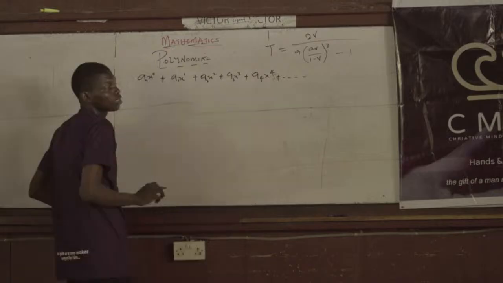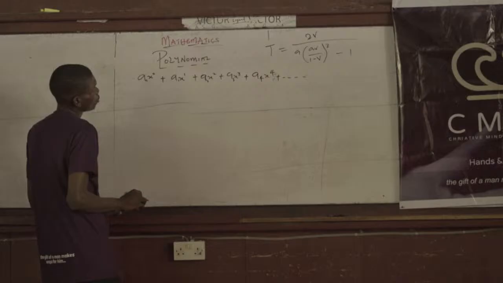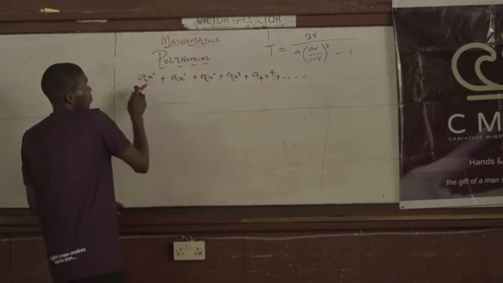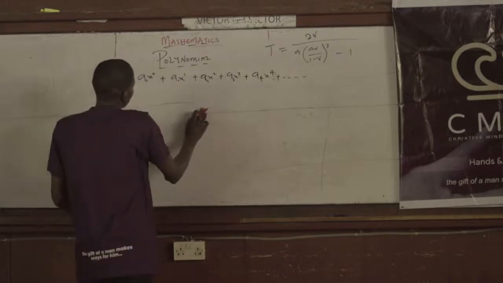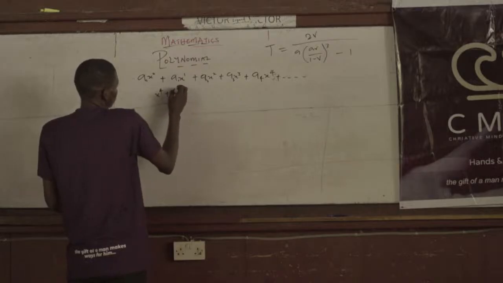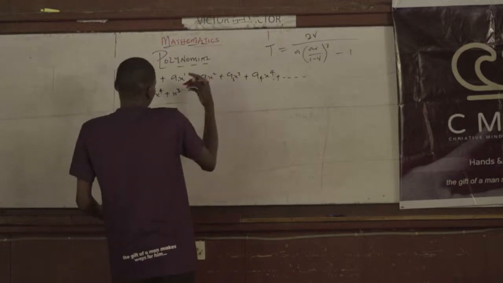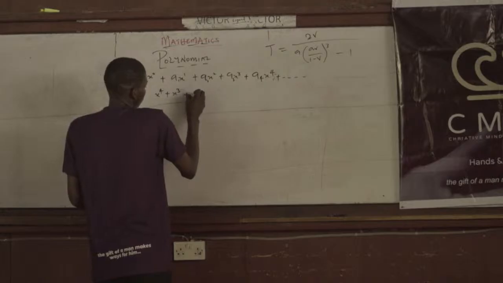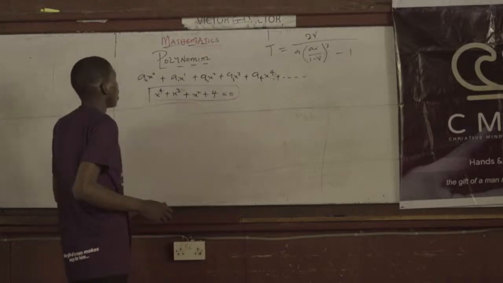Do you get? Now, if I want to form any polynomial from here, I can easily form it. This means first term, second term, third term, and so on. So I can say, if I have x plus x raised to power 4, x raised to power 3, x raised to power 2 plus maybe 4 is equal to, this is a polynomial equation. How is it a polynomial equation?